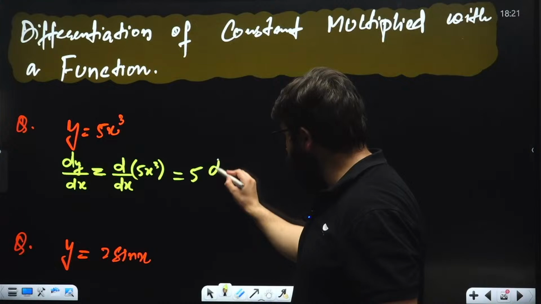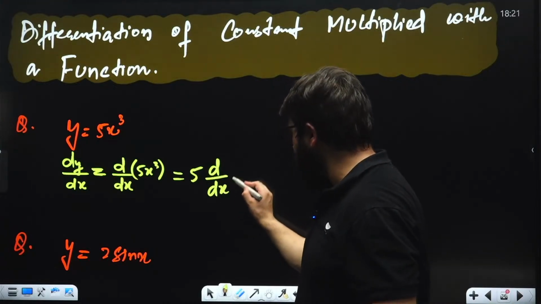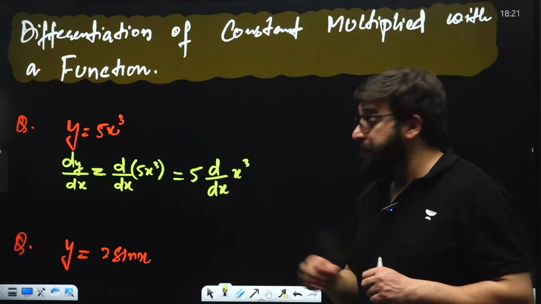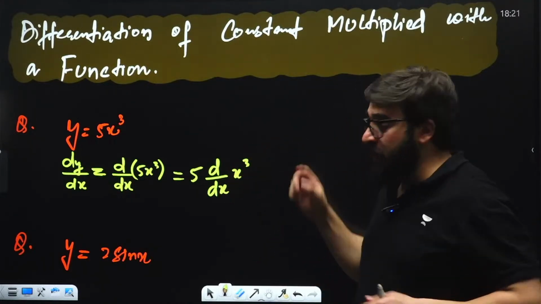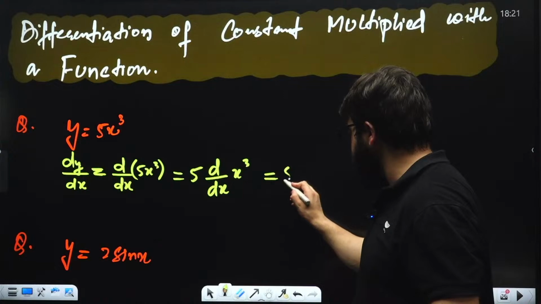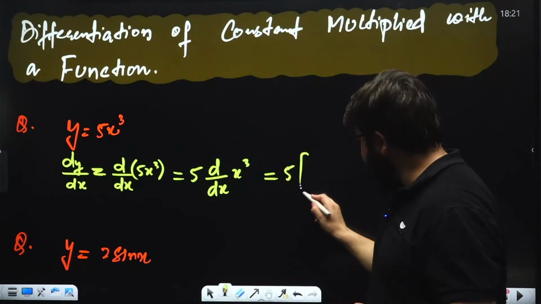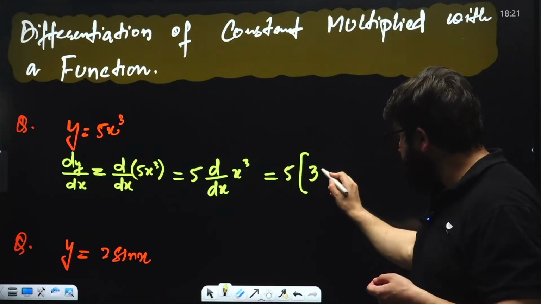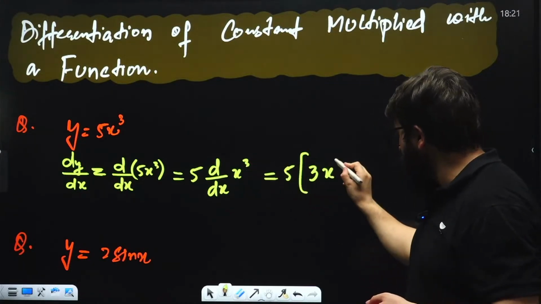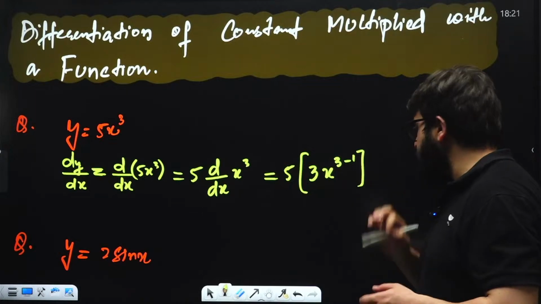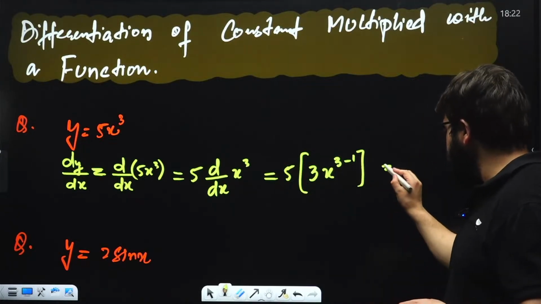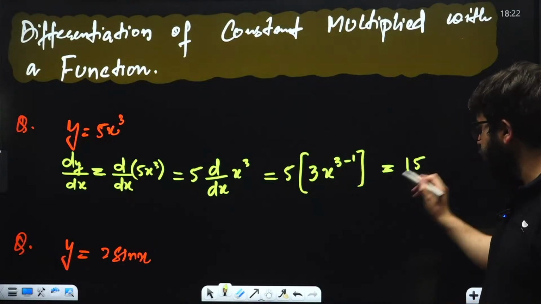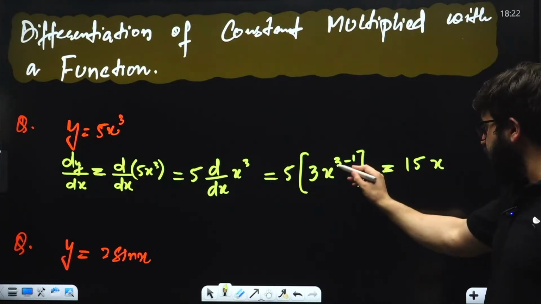Now, what remains over here? d by dx of x cube. What is the differentiation of x cube? Power down, power minus 1. So it will be 5, and then differentiation of x cube will be 3x to the power 3 minus 1. So 5 into 3 is 15, and x to the power 3 minus 1 is 2.